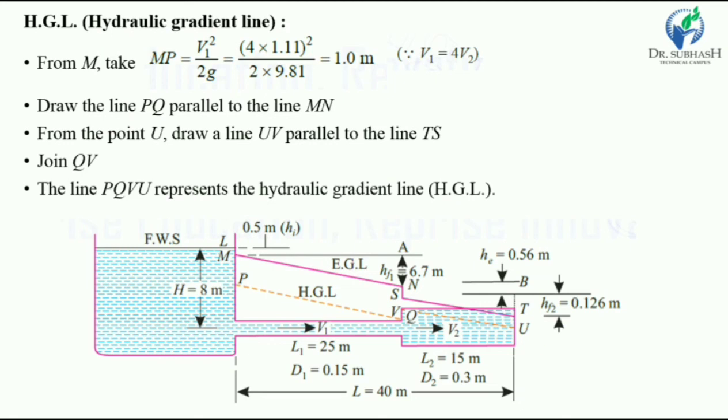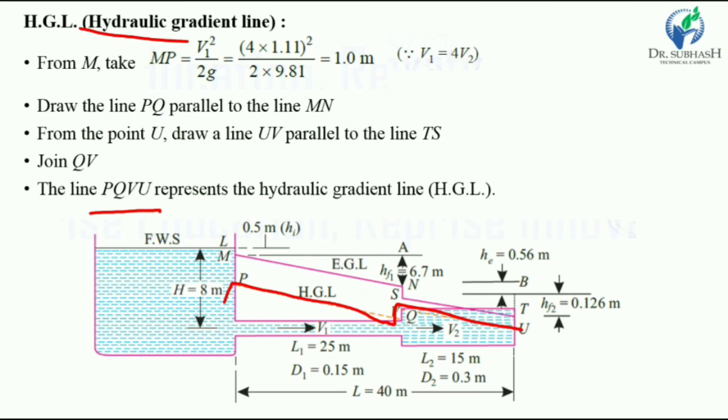Now draw the UQ line parallel to the ST line. Our length is similar. Now join the V and Q points, and now we get the hydraulic gradient line, PQVU, as shown in the figure.